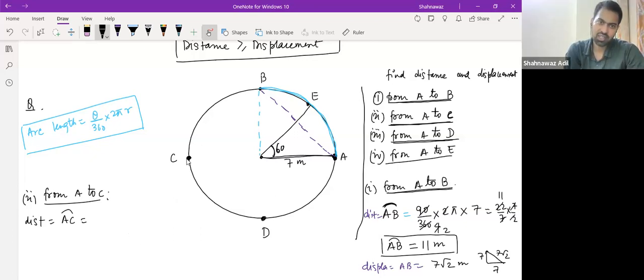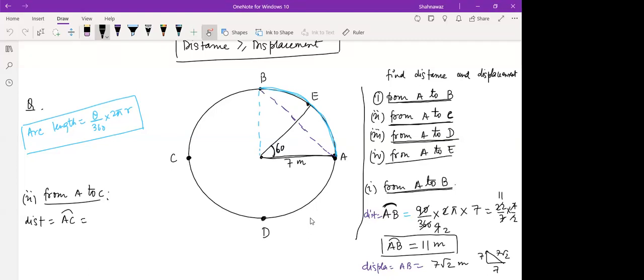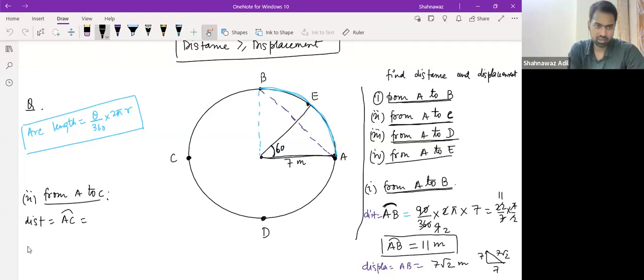Yeah, arc of AC, and this is some semicircle, right? Yes, sir. And displacement would be 14 meters, the diameter of the circle. So displacement would be AC, which is 2 into 7, which is 14. And this would be the arc AC, which is a semicircle.